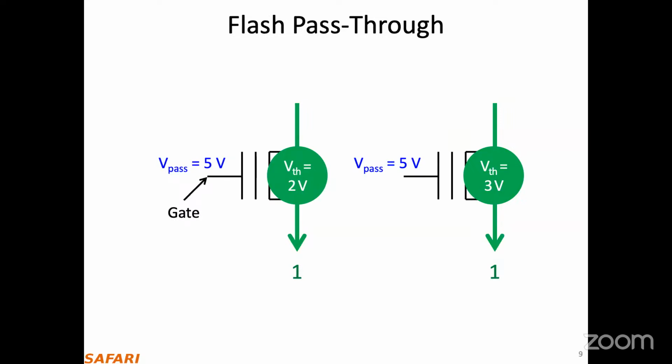To make sure they don't interfere, we apply Vpass, which is high enough to turn on your flash cell, no matter if it is programmed or not. Here, for example, Vpass is 5 volts, which is higher than the nominal threshold voltage and also the program threshold voltage. So your flash cell will be on, and current will flow.